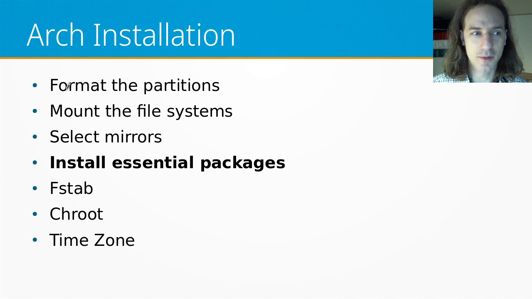You have to have partitioned your disk, formatted your partitions, mounted these file systems at the proper mount points in the system, and you should have already selected the mirrors from which you are going to install the packages. If you have no idea what I'm talking about, I have this whole video series about all these steps one by one, where we go through them and try to understand what each of these steps actually means.